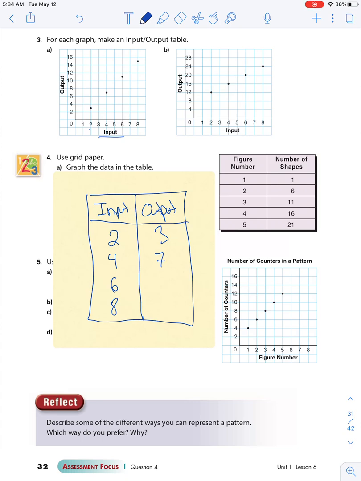And the output, we have 3, 7, 11, and 15. Okay, that one hopefully is pretty easy. You didn't even have to make the ordered pairs because you figured that out. And then the next one is input, the same, 2, 4, 6, 8. And then the output, we have 12, 16, 20, and 24.